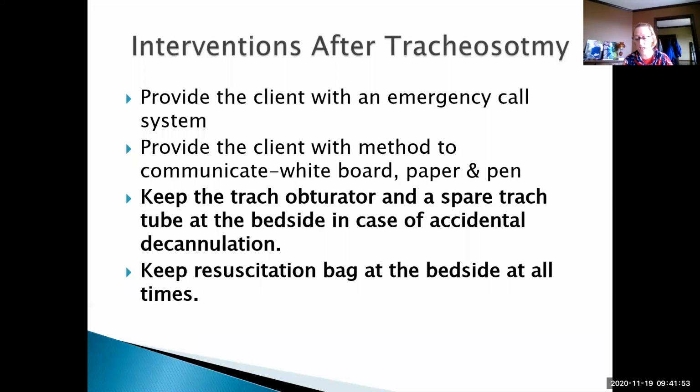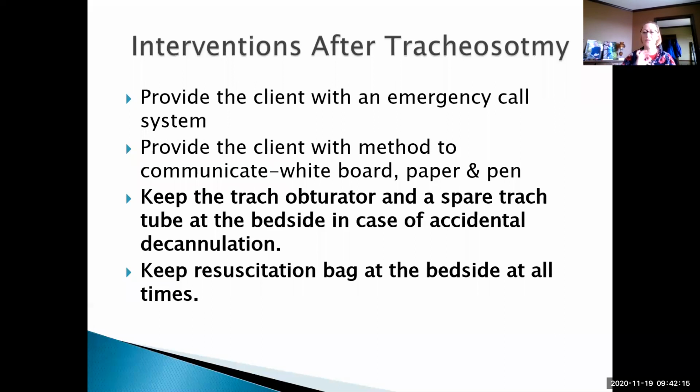So again, that decannulation, now that is the entire trach, not the inner cannula, completely different. So when we say decannulation, that is the entire trach itself coming out, the whole apparatus. The inner cannula happens sometimes if you don't clip it back into place all the way and don't notice it.